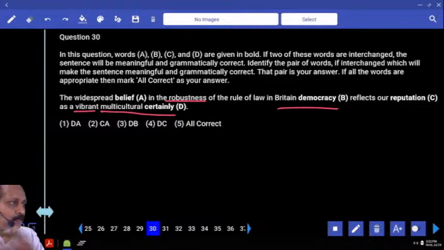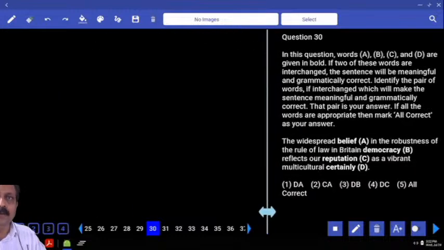Multicultural, you need something like an organization, company, any of these. So which two words you have to change? In Britain certainly reflects our reputation as a vibrant multicultural democracy. So which two words you have to change? BD, which option is that? Have you guys got this? Now I said, but we are running out of time anyhow.